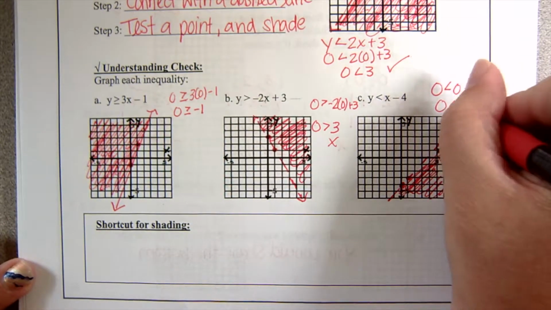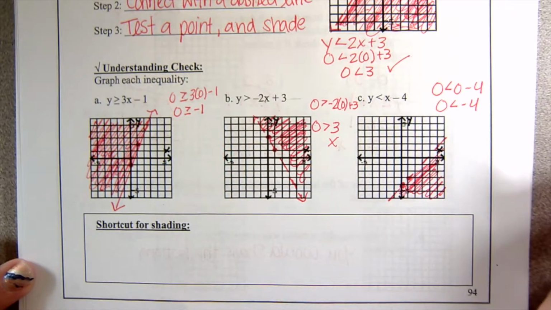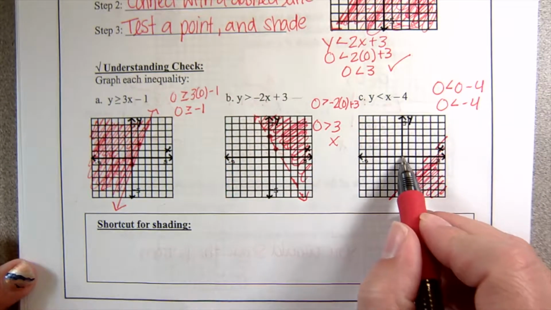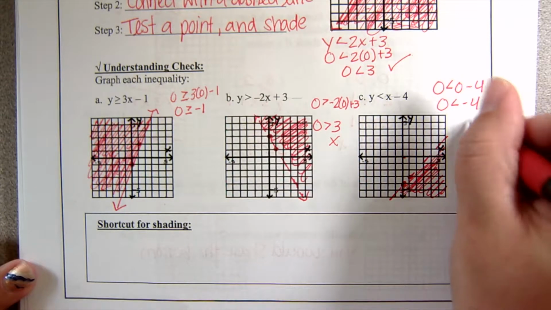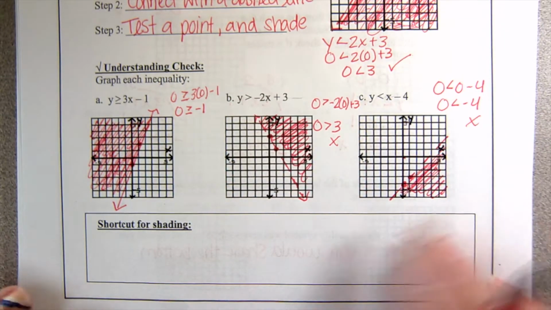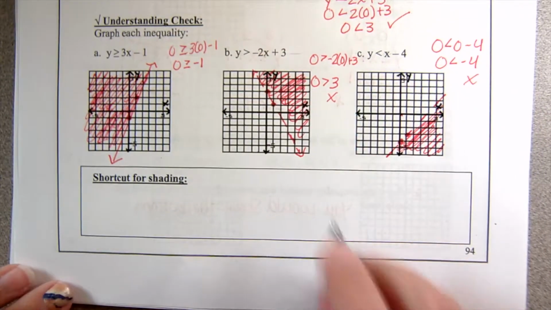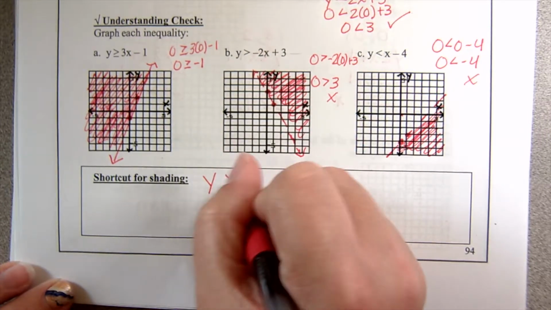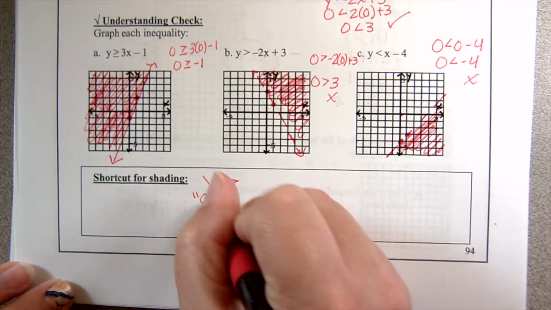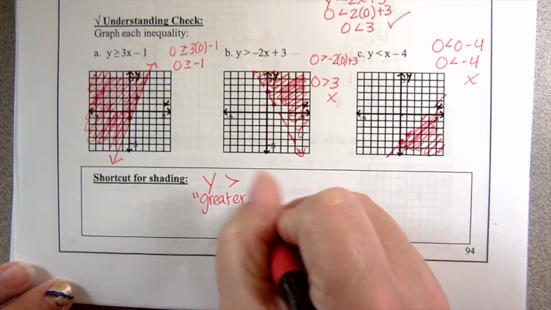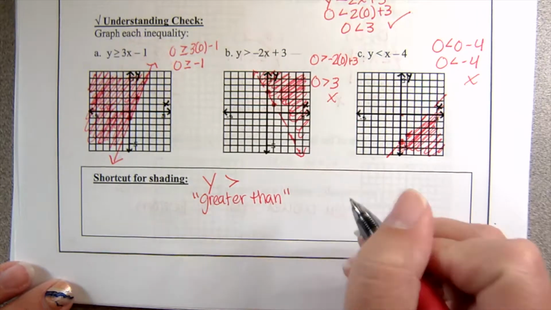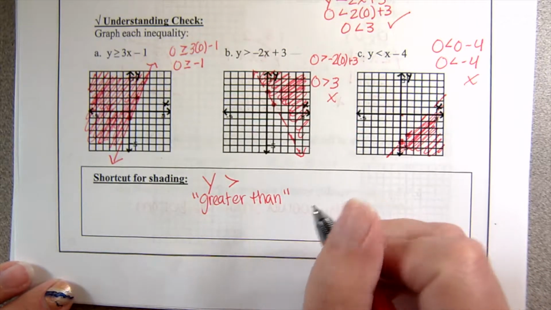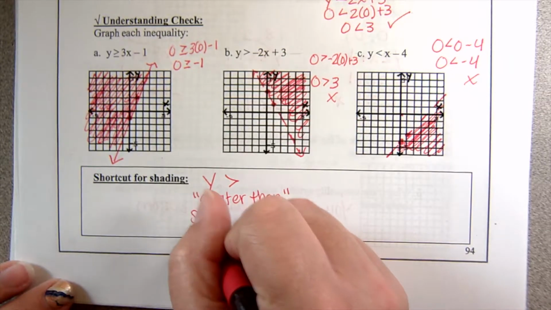So 0 is less than negative 4, which is false. So I cannot shade the side that has 0, 0. I have to shade the other side. So the shortcut, which we just talked about, was that if y is greater than, we are going to shade what side? The top. We are going to shade above the line.